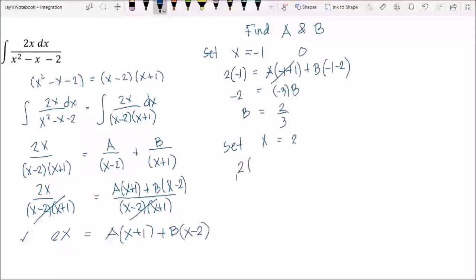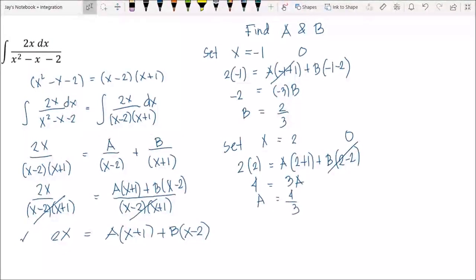We have 2 times 2 is equal to a times 2 plus 1, and after this, plus b times 2 minus 2. So we can cancel this out. Correct? That is 0. Therefore, we have the value of a, that is a is equal to 4/3. So we have now the value of b, which is equal to 2/3, and the value of a, which is equal to 4/3. Okay?